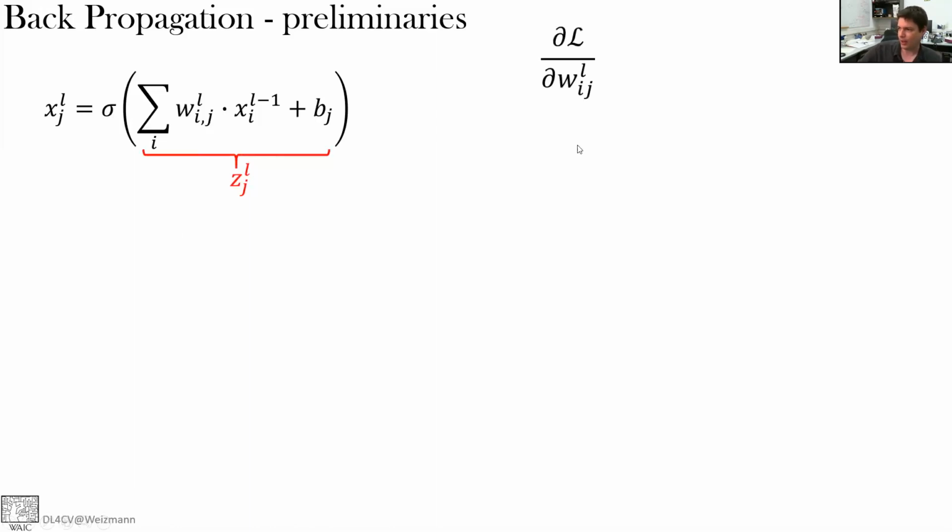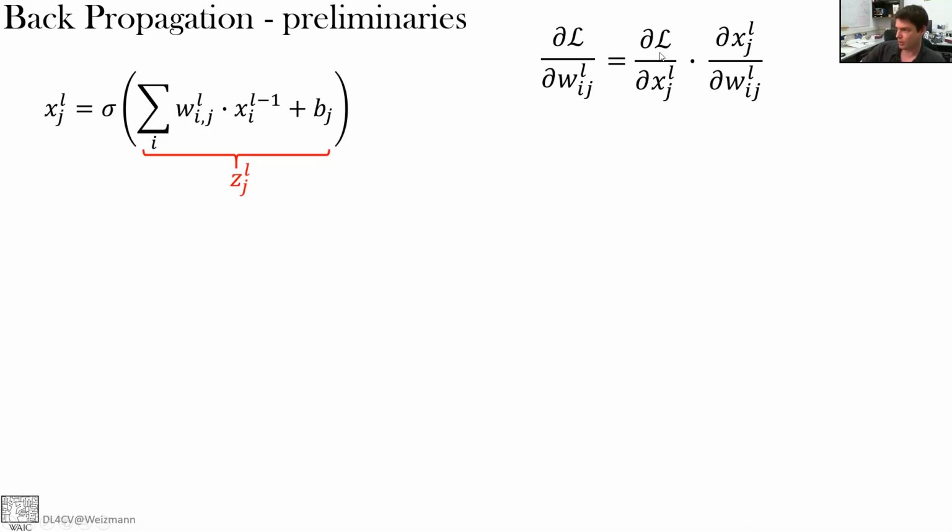Okay, and let's look at what we want to get. So, for example, for all the weights, we want to have the derivative of our loss with respect to each one of the weights. So one thing that we can do is just use the derivatives chain rule.